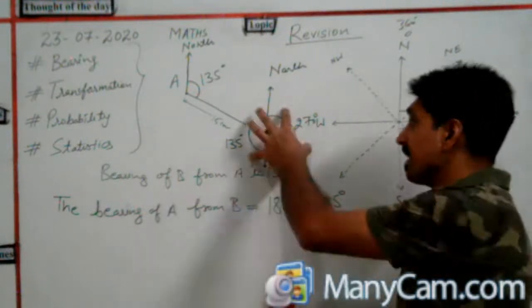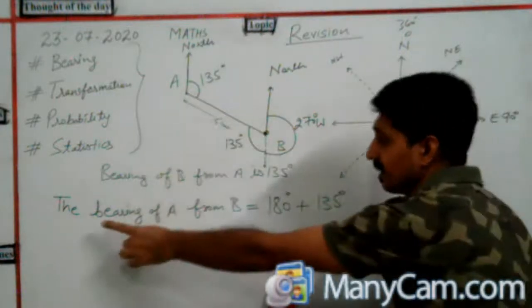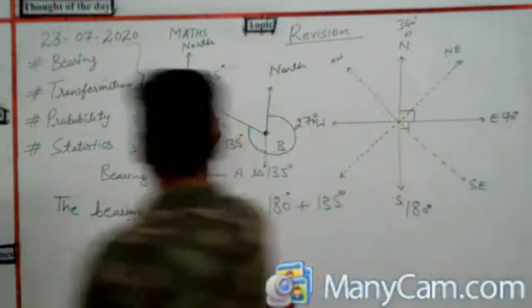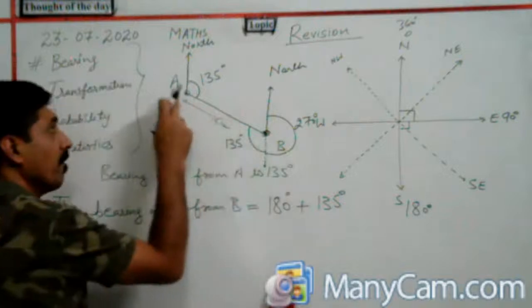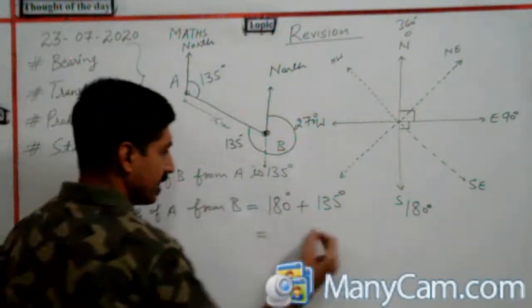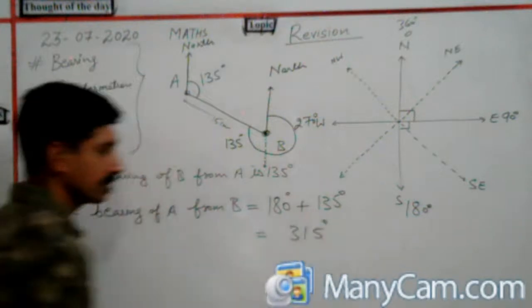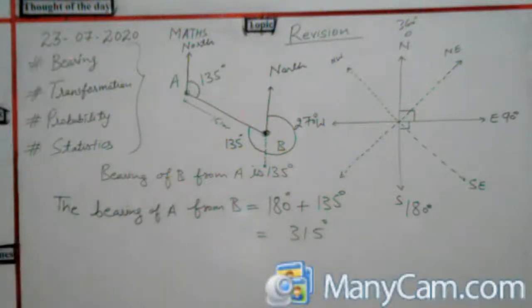Bearing of B from A, that is 135, and the bearing of A from B is 315. This is the concept.